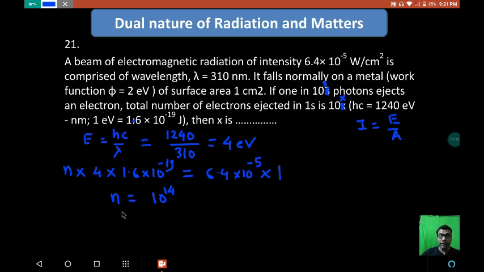So we can say that the number of photoelectrons is equal to 10 power 14 divided by 10 power 3, which comes to be 10 power 11. As we compare with 10 power x, x equals 11. So the answer here is 11.